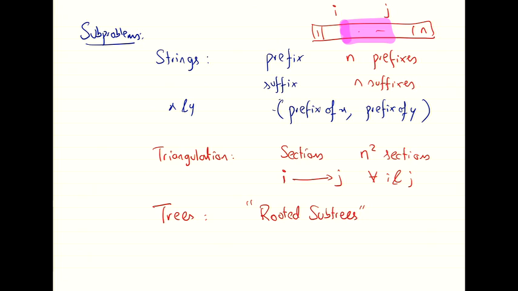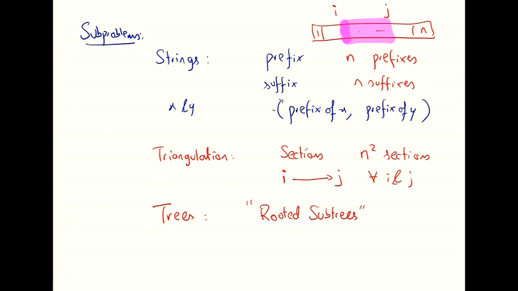Every node has descendants and ancestors. And now you can look at subtrees of that tree. These are very useful. If you have problems on trees, they're often very easy because you can do dynamic programming on subtrees. In fact, a lot of optimization problems on trees are easy for this reason.